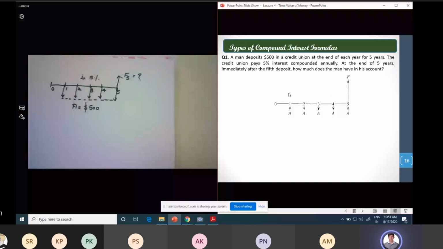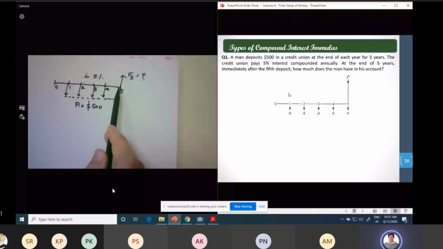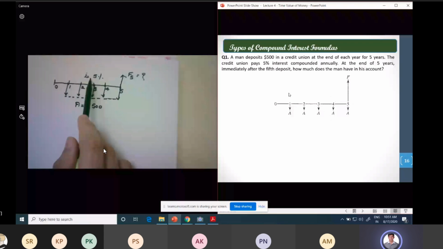Again I repeat, in this question, a person will be depositing $500 every year, and he wants to know how much amount he will be getting at year 5 when he makes the last deposit. The credit union, bank or financial institution gives 5% interest on this deposit.